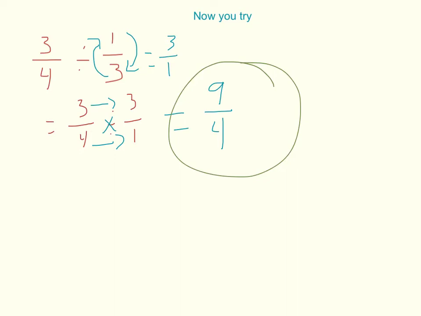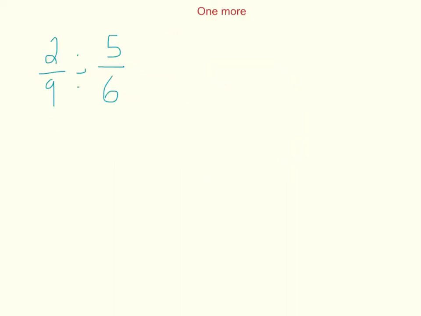Let's take a look at the next. We're going to look at this question, which is 2 over 9 divided by 5 over 6. And just like usual, you can pause it here if you like, and then hit play for the solution in a couple seconds. Okay, so for this one, same thing as last time. We're looking at our second fraction, and we're going to find the reciprocal.